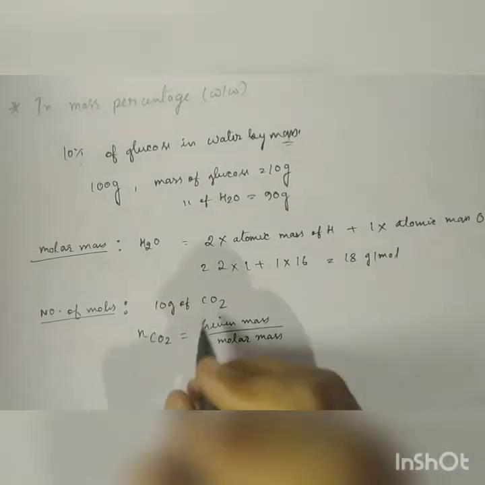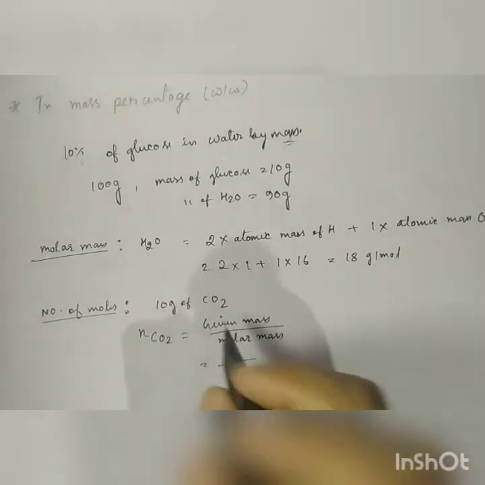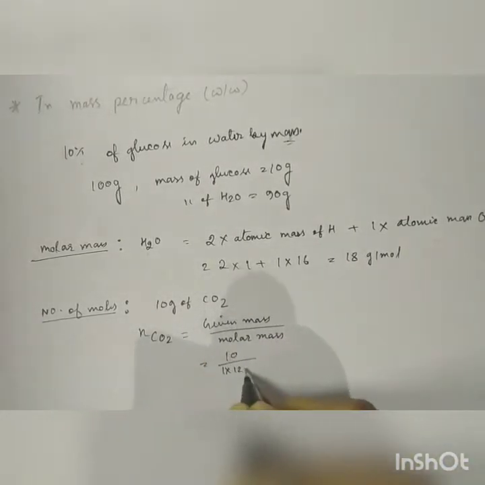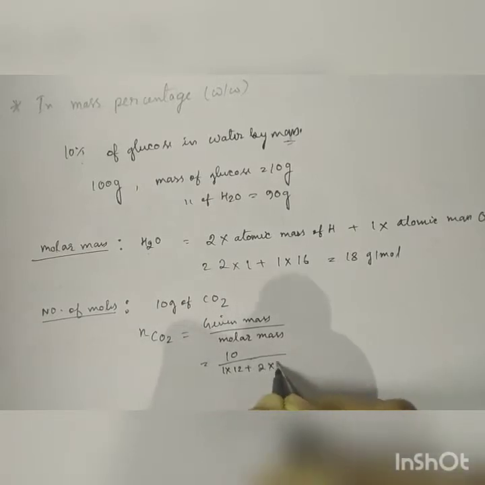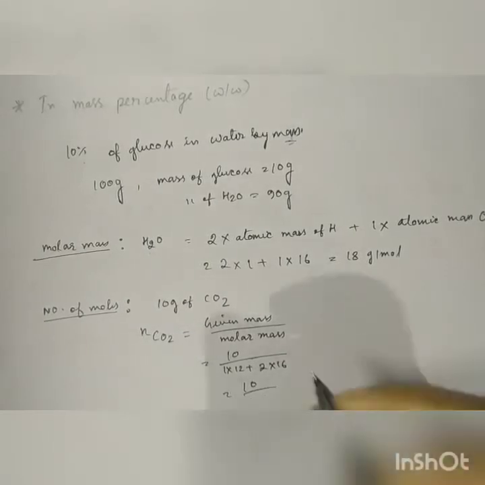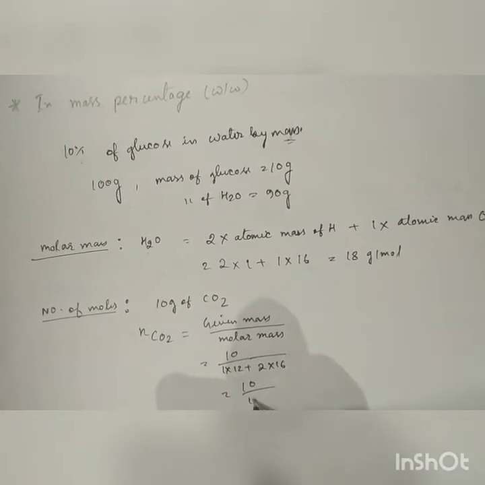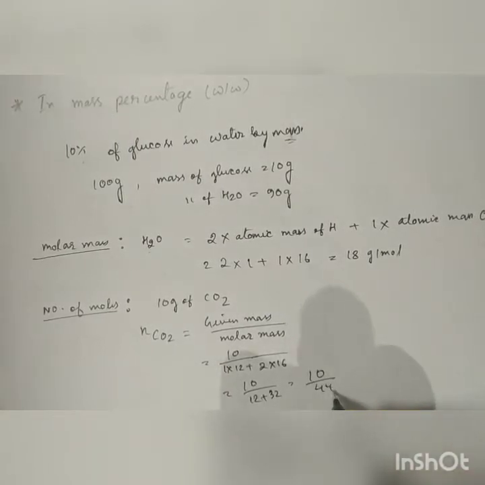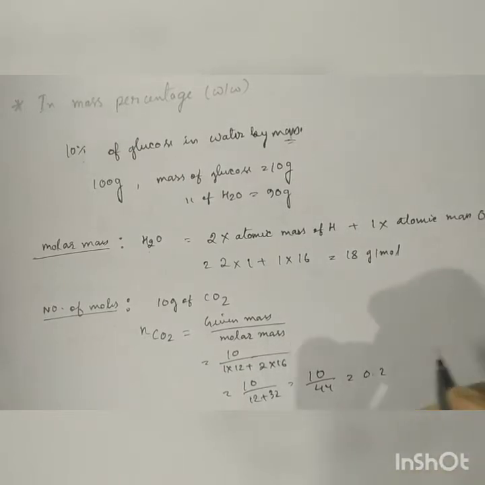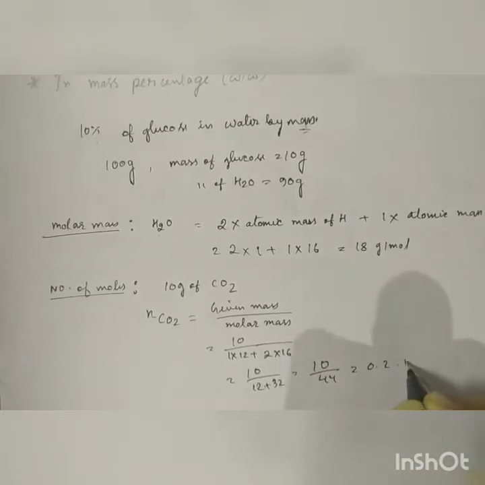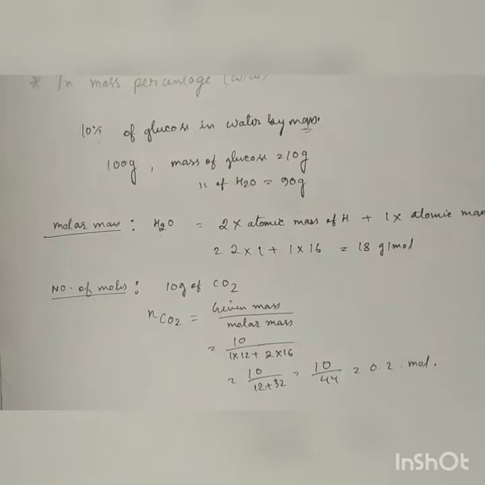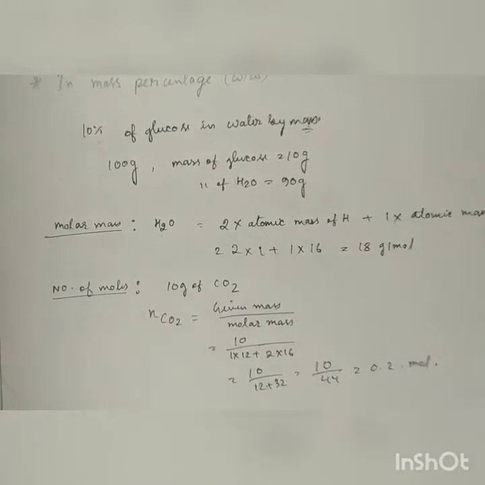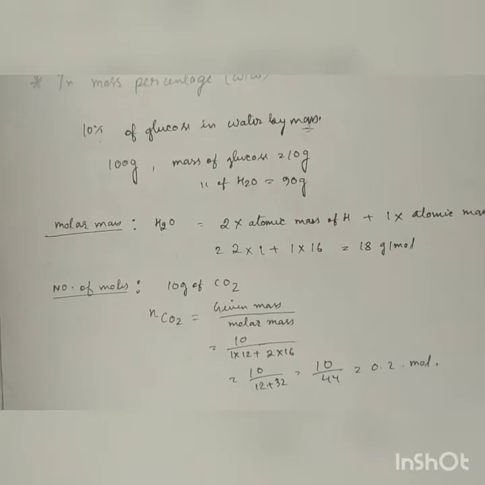The given mass is 10, and the molar mass for carbon dioxide will be 1 into 12 plus 2 into 16. So this will be 10 divided by 12 plus 32, that is 10 by 44. This will be 0.2-something mole. So these concepts are very important because we need them to solve our numericals.